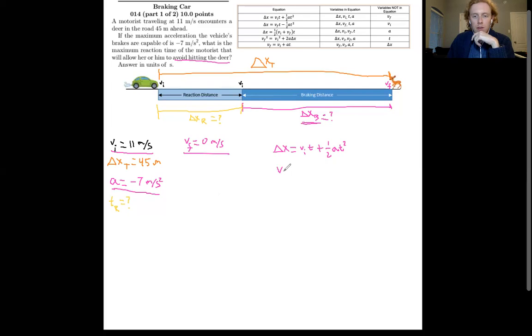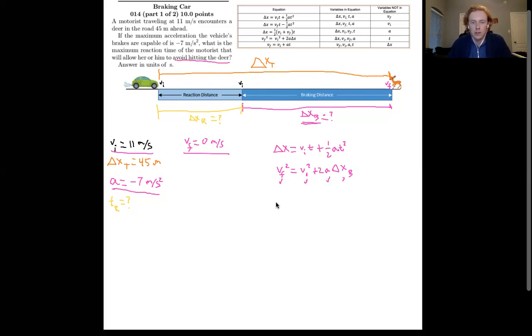Let's look at final velocity squared equals initial velocity squared plus 2a delta x, and put a little b down here so it's braking. Does this work? We know velocity final, we know the initial velocity, we know the acceleration, and we're trying to find the braking distance. So that does work.